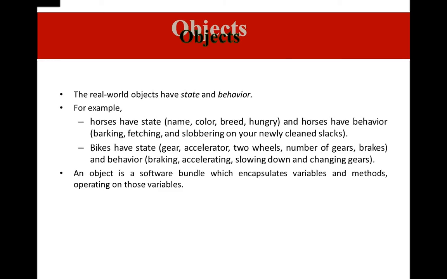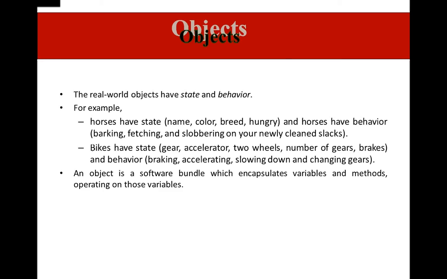Even in software, an object is defined in this way. An object is a software bundle which encapsulates variables and methods operating on those variables, exactly like a real world object.